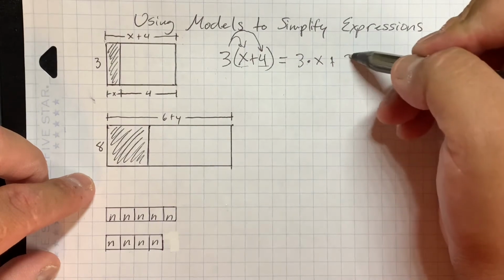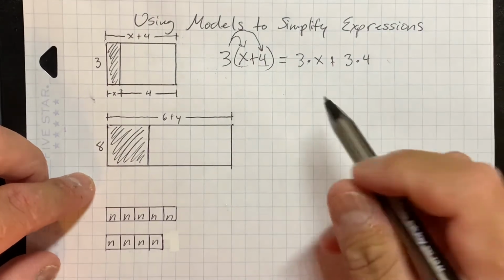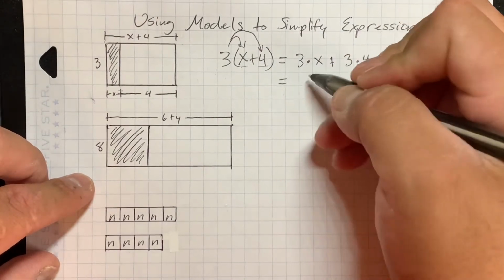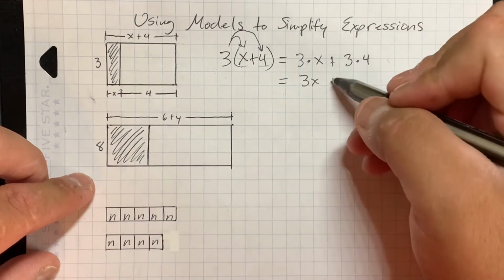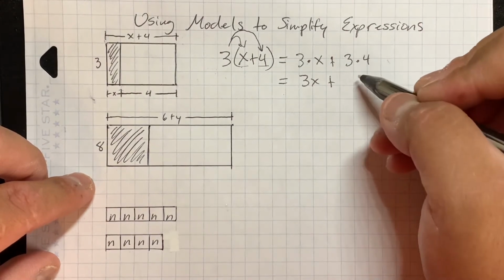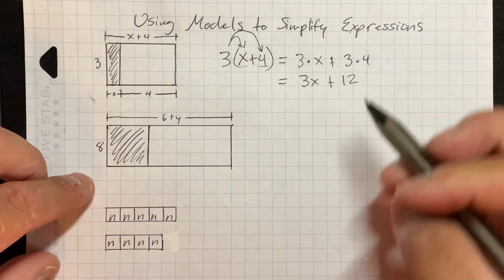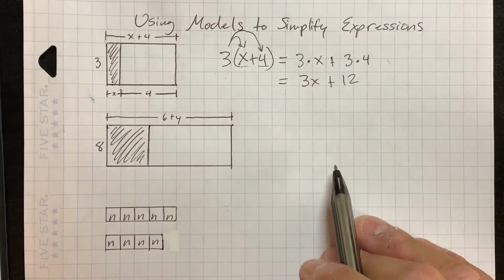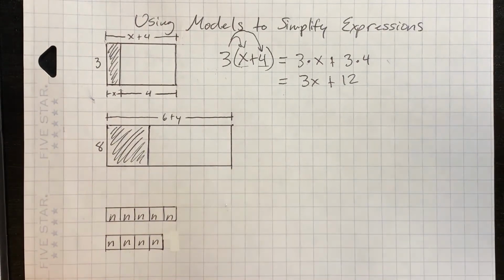So plus 3 times 4. So 3 times x is going to be 3x, plus 3 times 4 is going to be 4, 8, 12. So your simplified expression is going to be 3x plus 12. Okay.